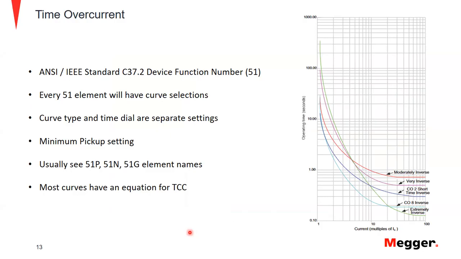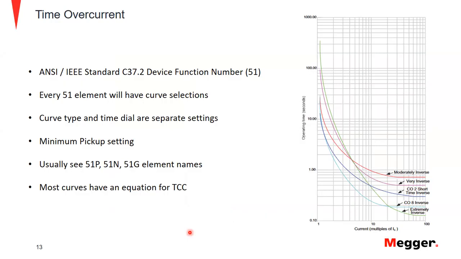A little bit about time over current is that the ANSI IEEE device number will be the 51 element. So every time that you see a 51 from here on out, we're going to be referring to time over current. Every time, the 51 element will have curve selections.